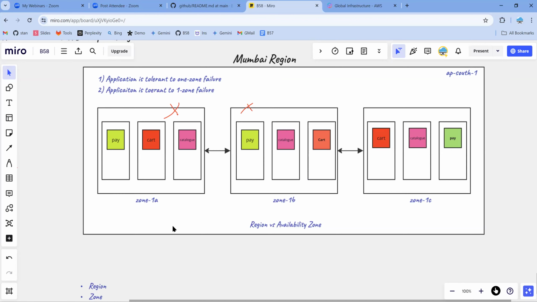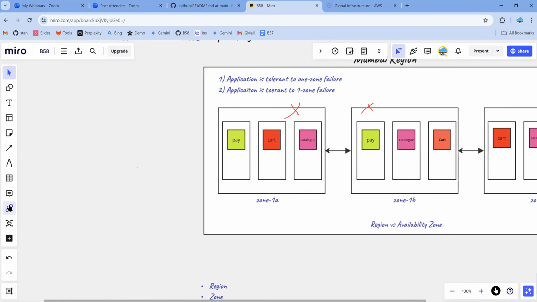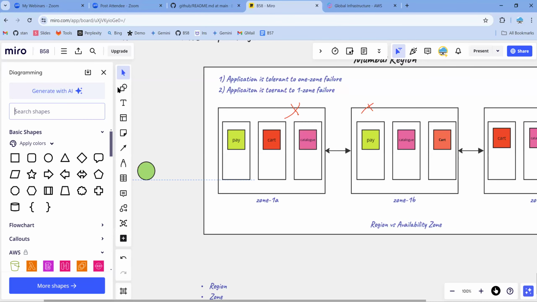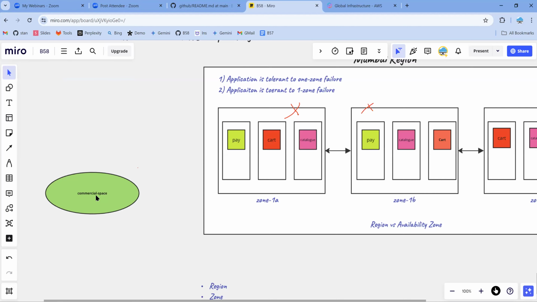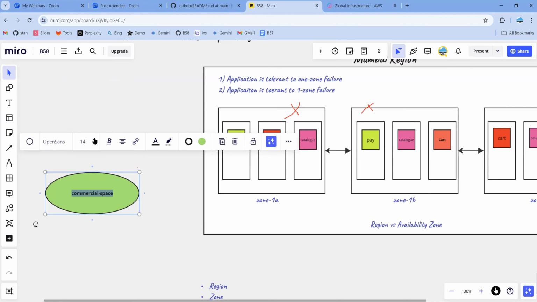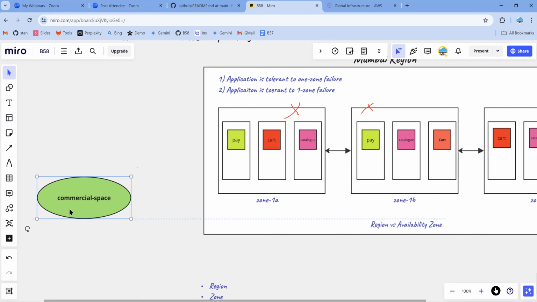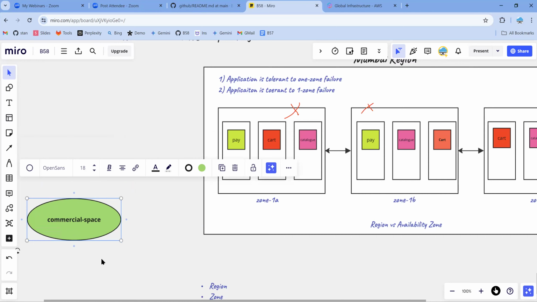Assume it like a commercial space, with companies like Walmart, Target, lots of money-making companies which are a huge asset to the cloud provider.